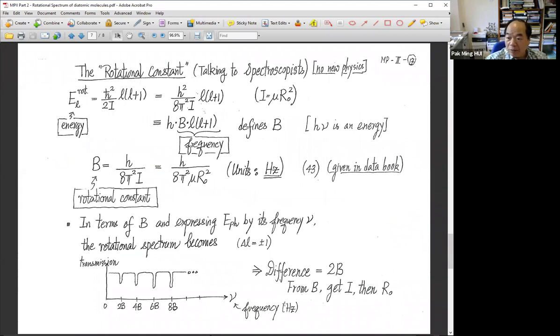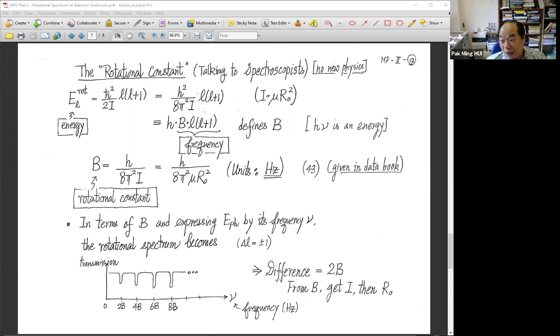Before we really work on the application, here are 2 pages about notation. No new physics, okay? It's only about notations. Why do we need to care about notations? Because there are data books. Maybe later on you will be doing AMO, now a very hot branch of physics: atoms, molecules, and optics, right?